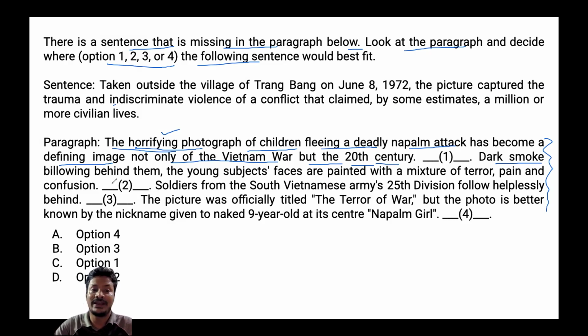What this horrifying photograph of children shows is dark smoke, so we can find a description: billowing behind them. The young subjects' faces are painted with a mixture of terror, pain, and confusion. The young subjects may be referring to the children, isn't it? Then after, full stop, it is stated: soldiers from the South Vietnamese Army's 25th Division follow helplessly behind.